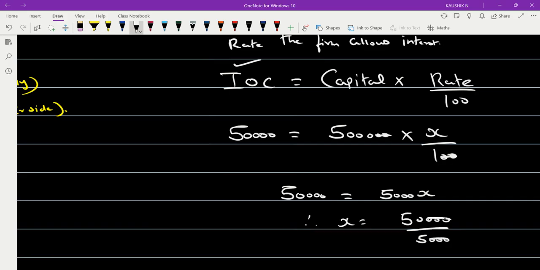These three common zeros get cancelled. One time, 10 times. So that means 10 percent is the rate of interest. Are you able to follow how you are getting 10 percent?